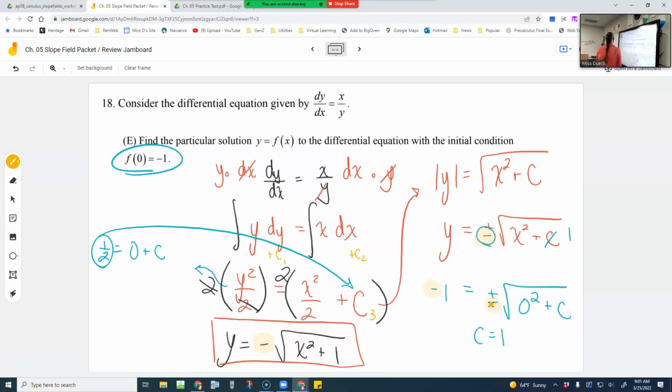So at the end of the day, you need to double check that plugging in actually gets the point that you have. Because if you plugged into a positive square root, you would have gotten out a positive one. You need to plug in and get out a negative one, which will only be possible if I choose the negative square root out of the absolute value.